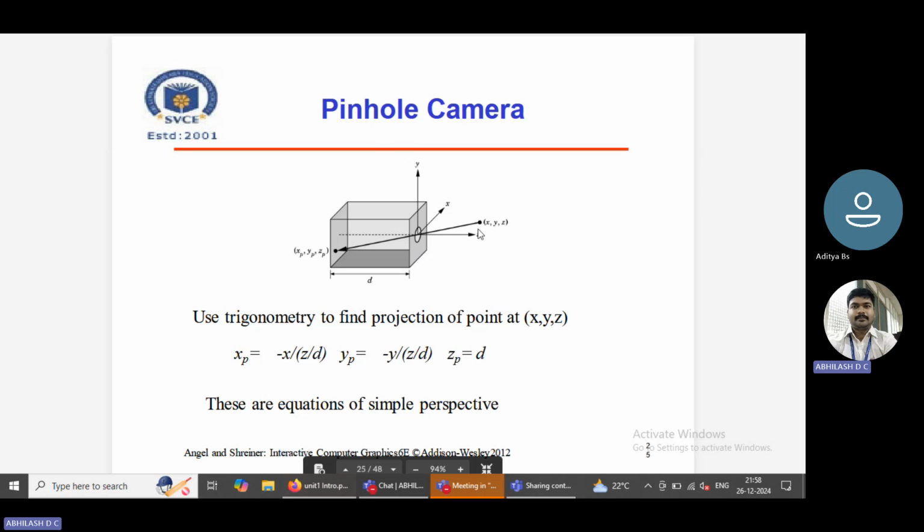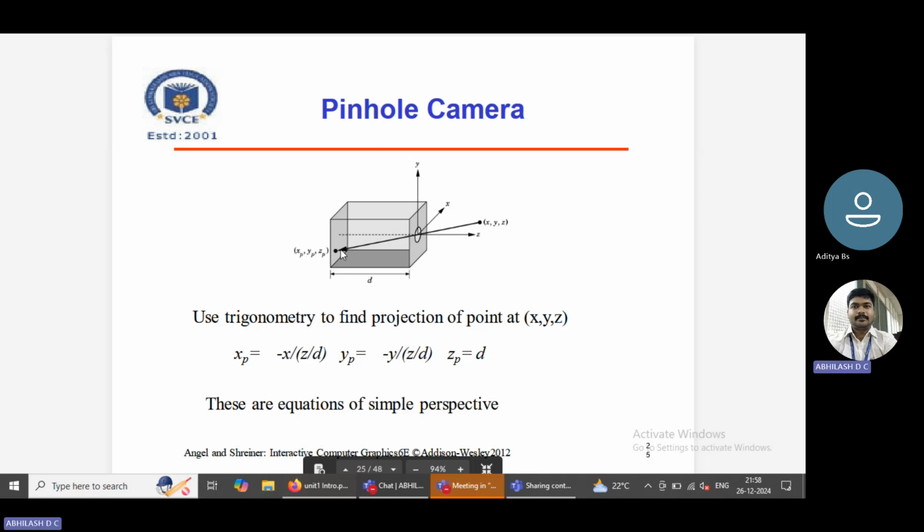This particular point is present in open space at the coordinates xyz, right? This point has to be captured on the back of the camera, meaning all the rays here meet at one particular point called the center of projection, and it falls on the back of the cardboard box.